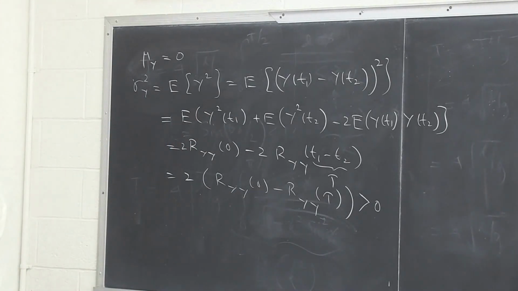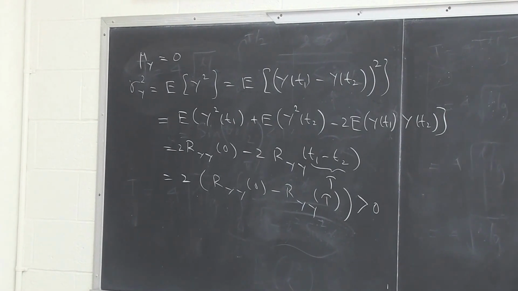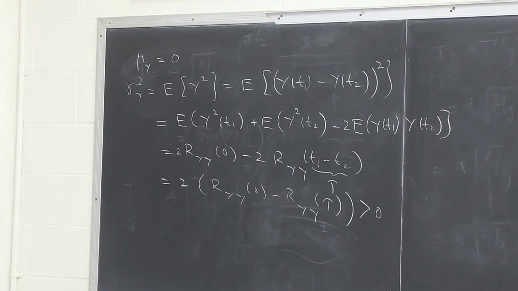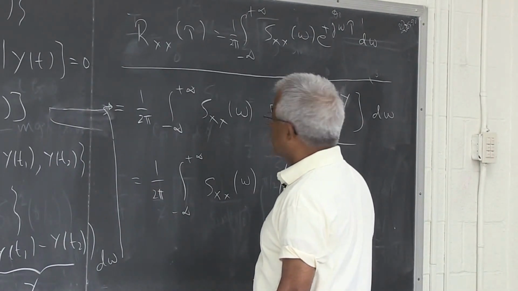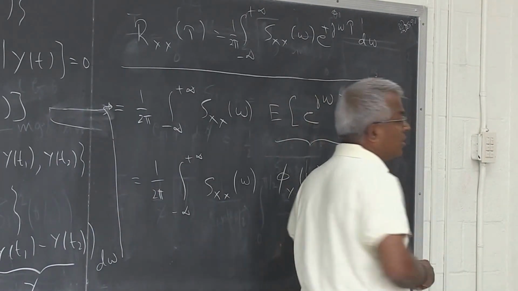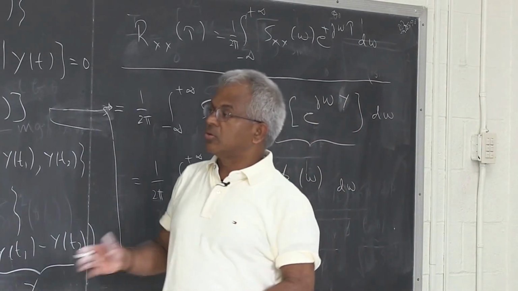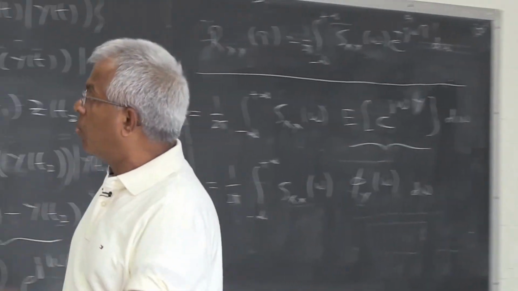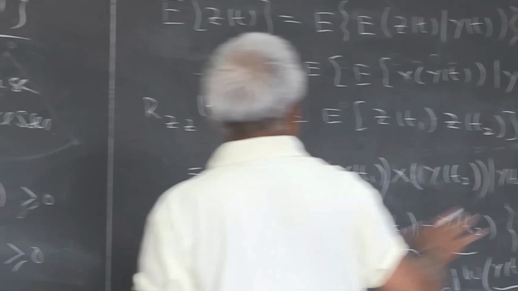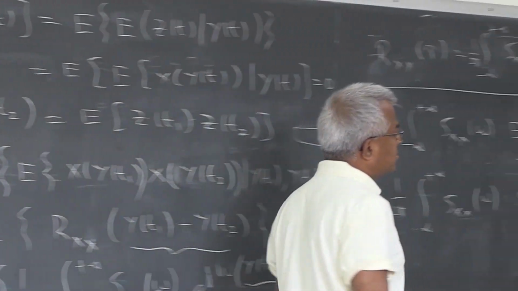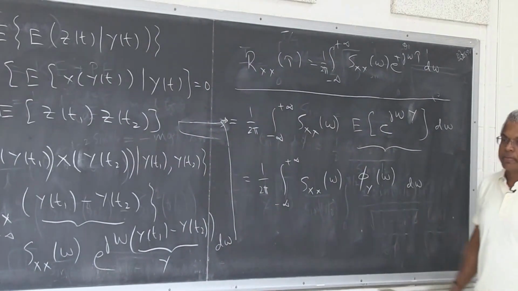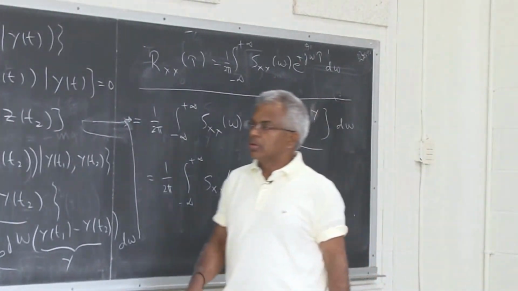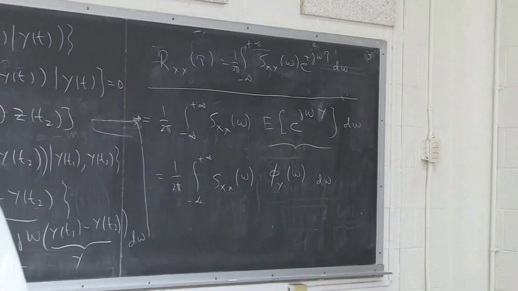So that's the first and second moments, but unfortunately other moments could depend on t1 and t2 separately, unless we make further assumptions. This is as far as it would go in terms of the autocorrelation function of z of t.